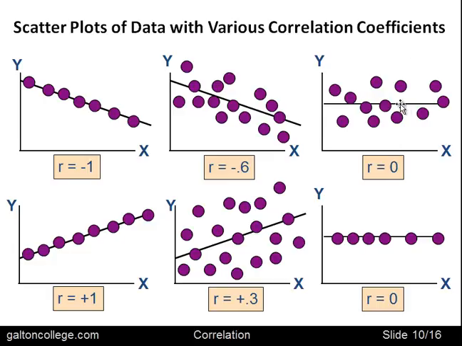X is varying, but y is a constant. Y is fixed at this level. And even if the observations fell along the line here, it's still 0. Y is a constant and x is varying. X is small, x is large over here. So it's varying, so there is no relationship.